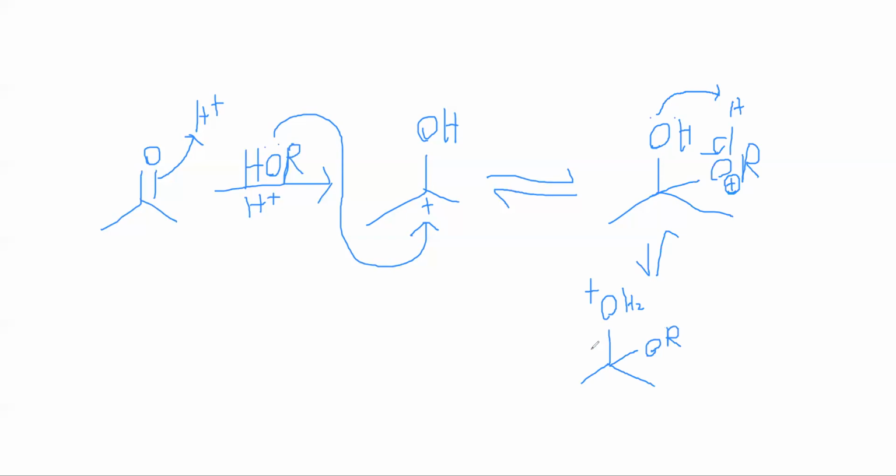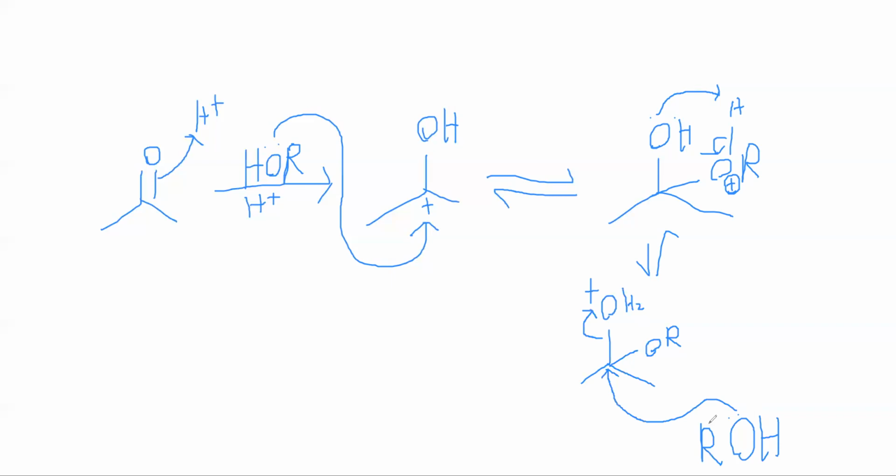And again, this doesn't happen with the basic conditions, but it can happen with the acidic conditions of adding an alcohol to a ketone or an aldehyde. Because it's acidic conditions, you can do that proton transfer to form water. You can kick water out.